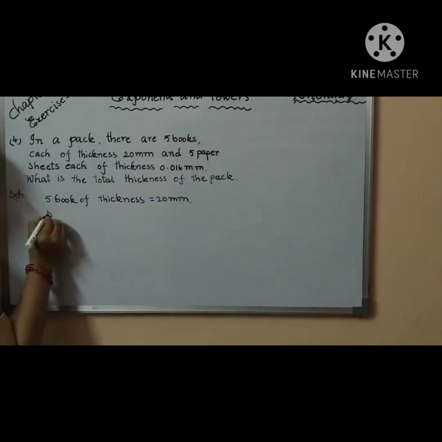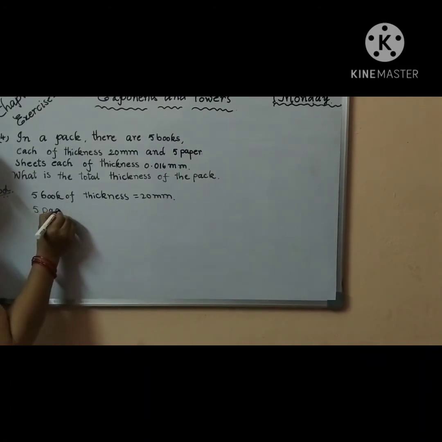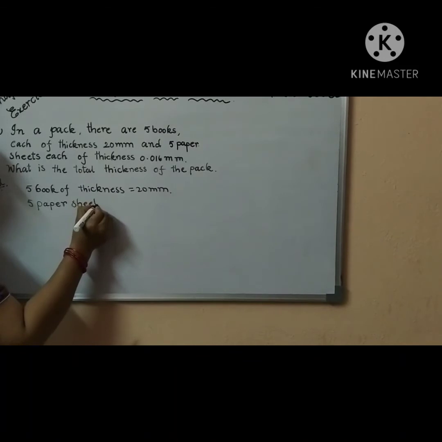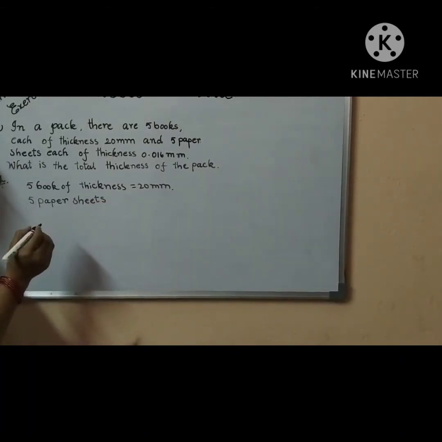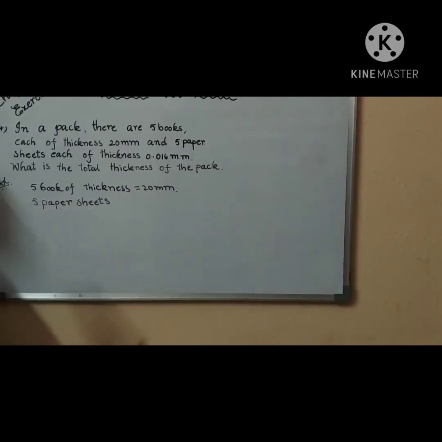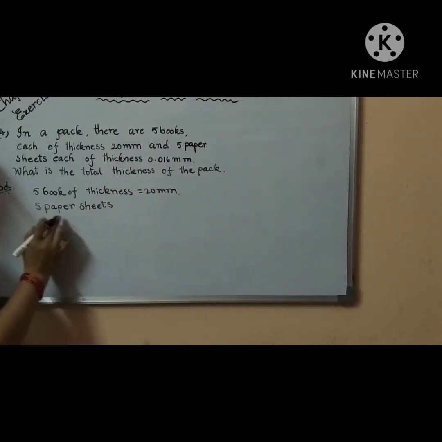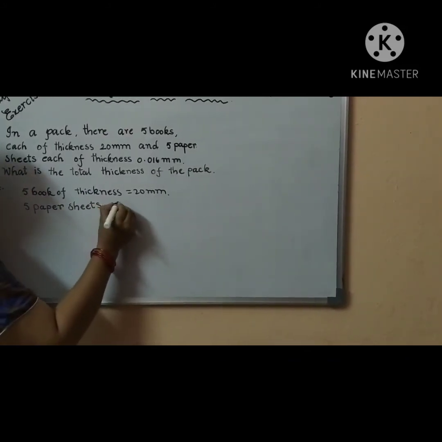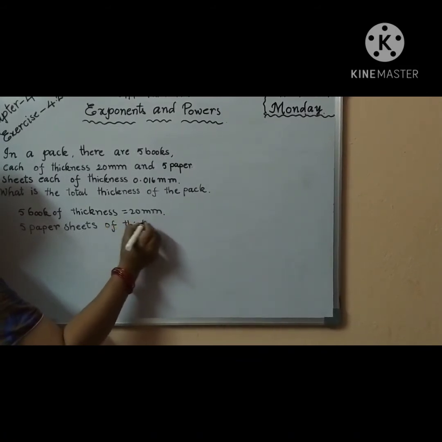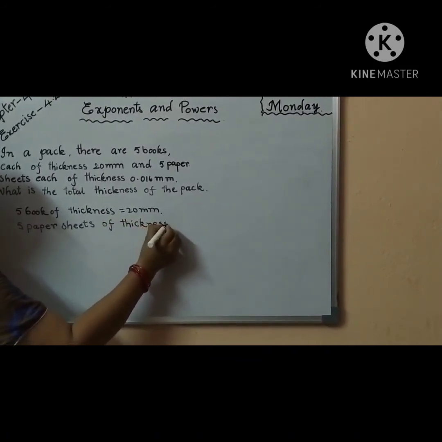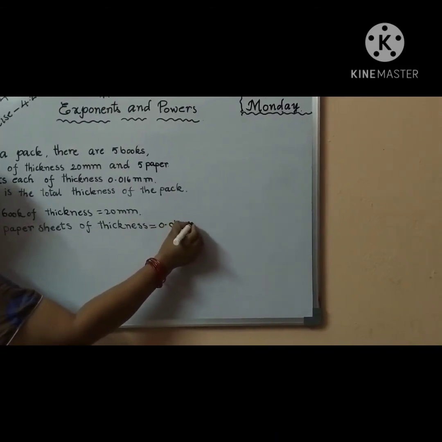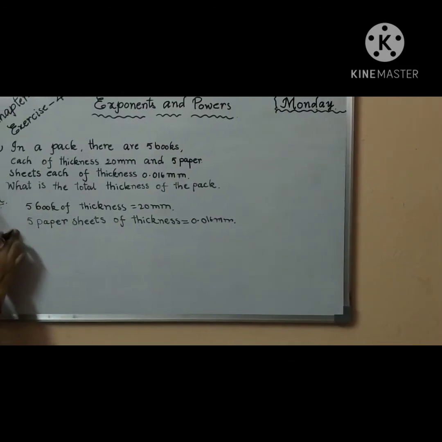Okay, next, 5 paper sheets of thickness equal to 0.016 mm. So it is given that.